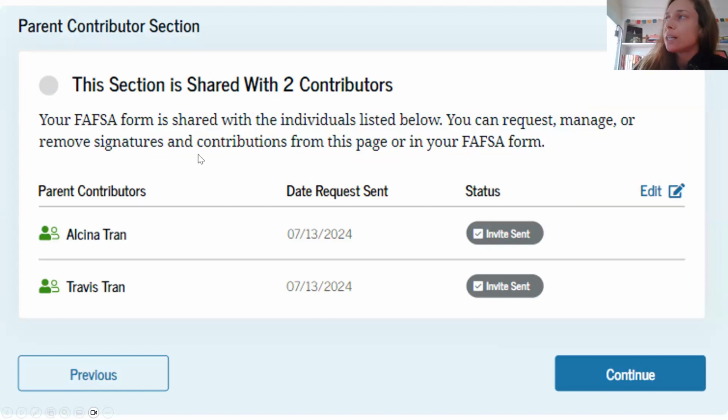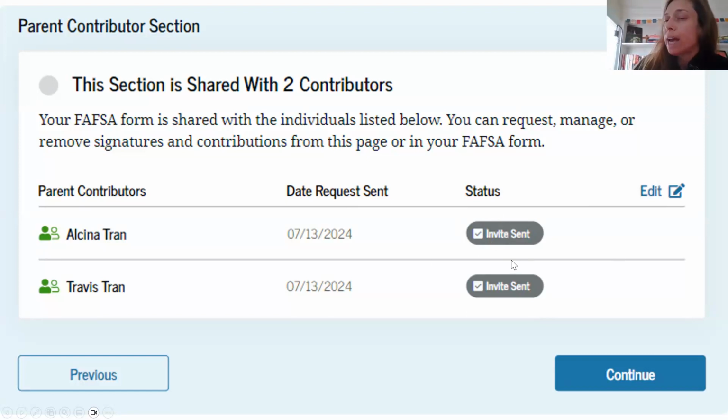The student does have the ability to see in real time the names of the contributors, the date that their request was made, and then the status. I did see a new screenshot yesterday that gives me an indication that this status will change once the contributor acts upon the invitation.